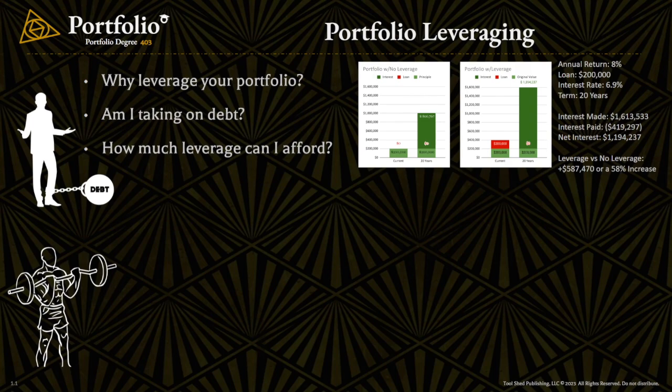Now if you took on the leverage and paid an interest rate of 6.9%, by the end of the 20 years, the loan will be paid off, and if you earn the same 8% return, you'd now have about $1.6 million. So to be clear, you would end up paying about $420,000 in interest to get a shot at an additional $587,000 in income.